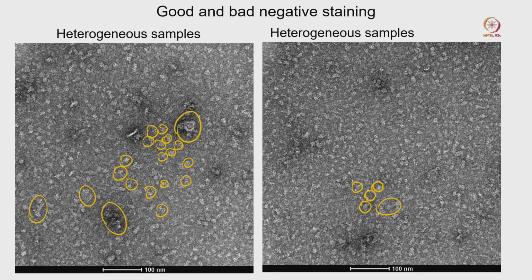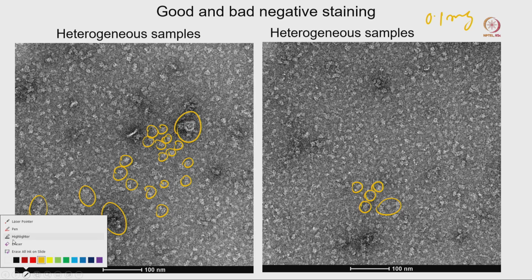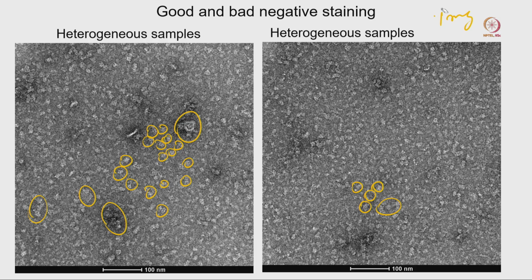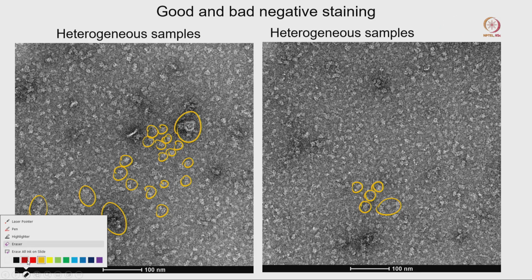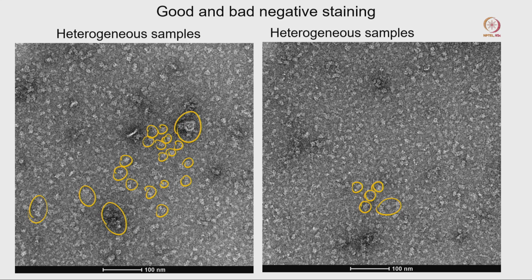So, if you remember, previously I told you that for negative staining we generally prefer 0.1 mg per ml. Previously I discussed this for a negative staining sample.